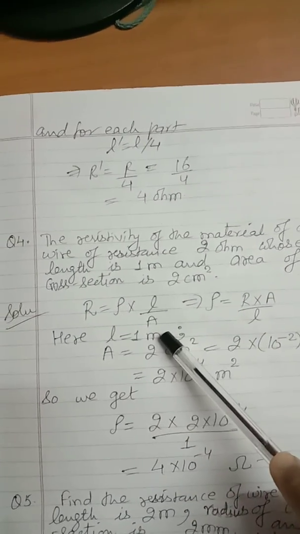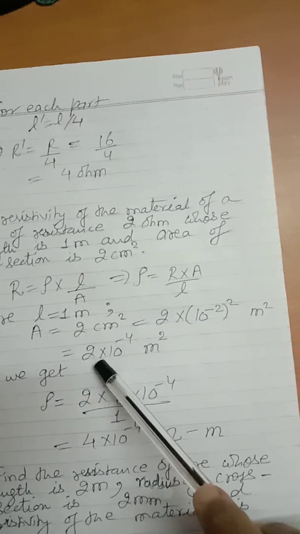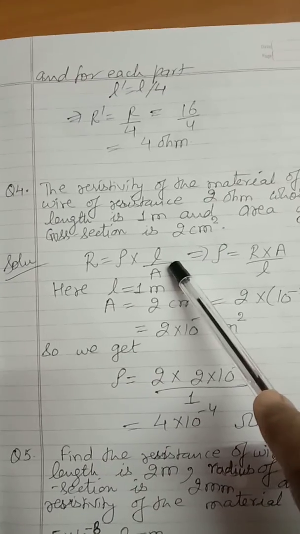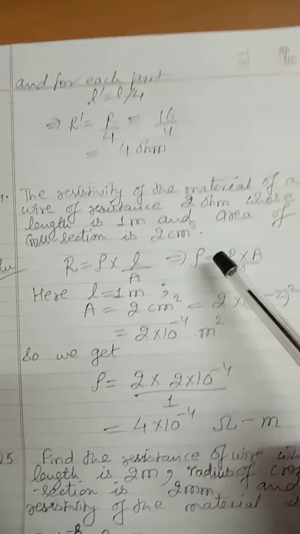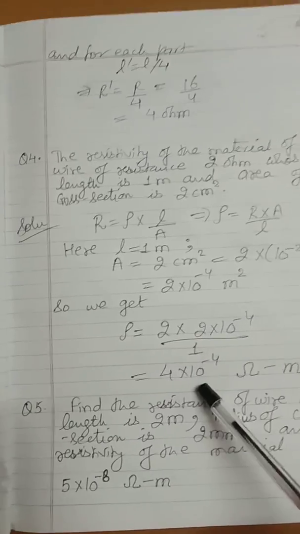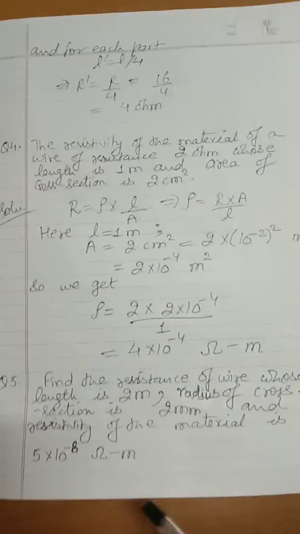L is 1 meter, area 2 centimeter square, or 2 into 10 power minus 2 into 10 power minus 2 meter square, or we can say 2 into 10 power minus 4 meter square. Now R is rho L upon A, so from this formula, resistivity is R into A upon L. Substituting the values, we get 4 into 10 power minus 4 ohm meter.